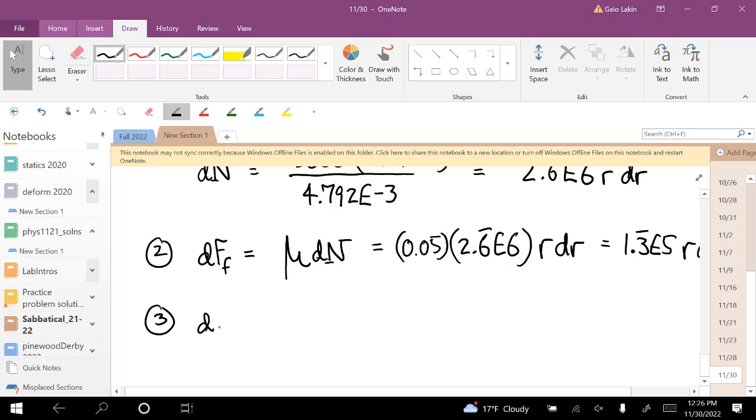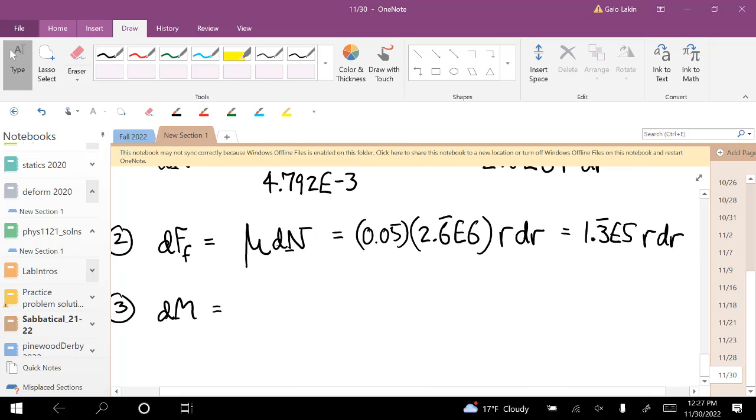The increment of the moment, the couple, is r times dF of friction. So that's 1.3 repeating times 10 to the 5th times r squared dr.